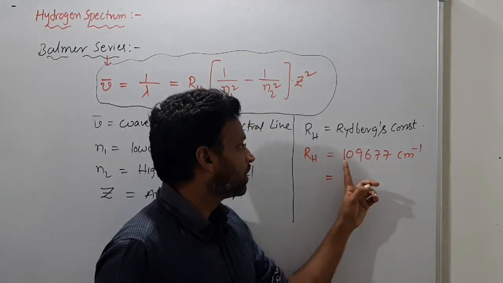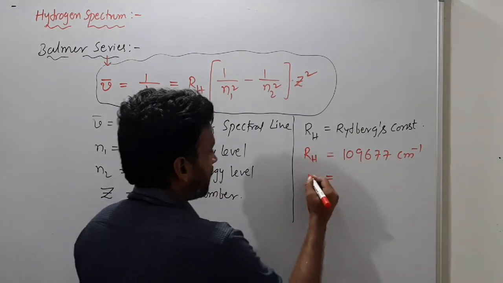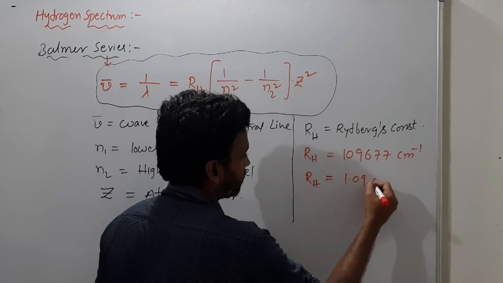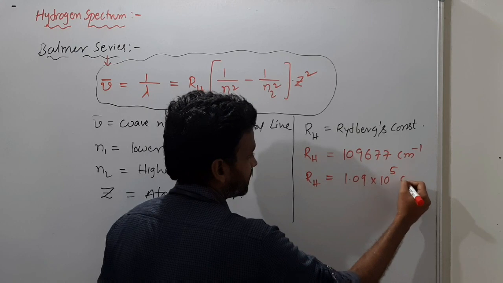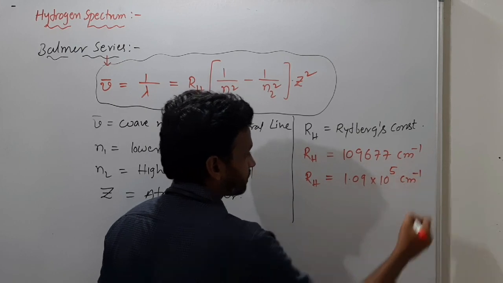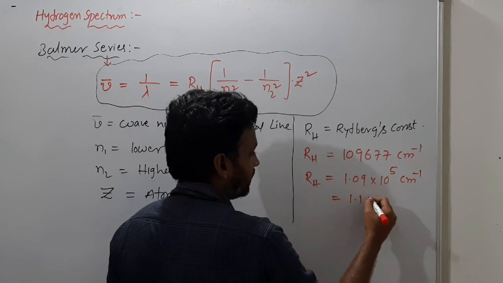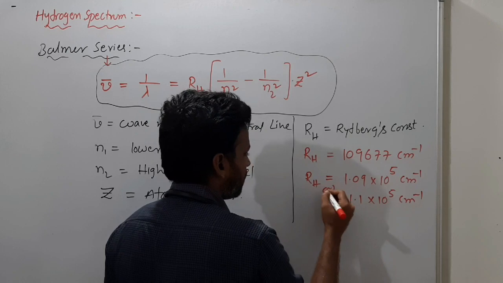Exact value of RH is 109,677 centimeter inverse. But you can remember this RH value like this also, 1.09 into 10 power 5 centimeter inverse. So approximately 1.1 into 10 power 5 centimeter inverse.